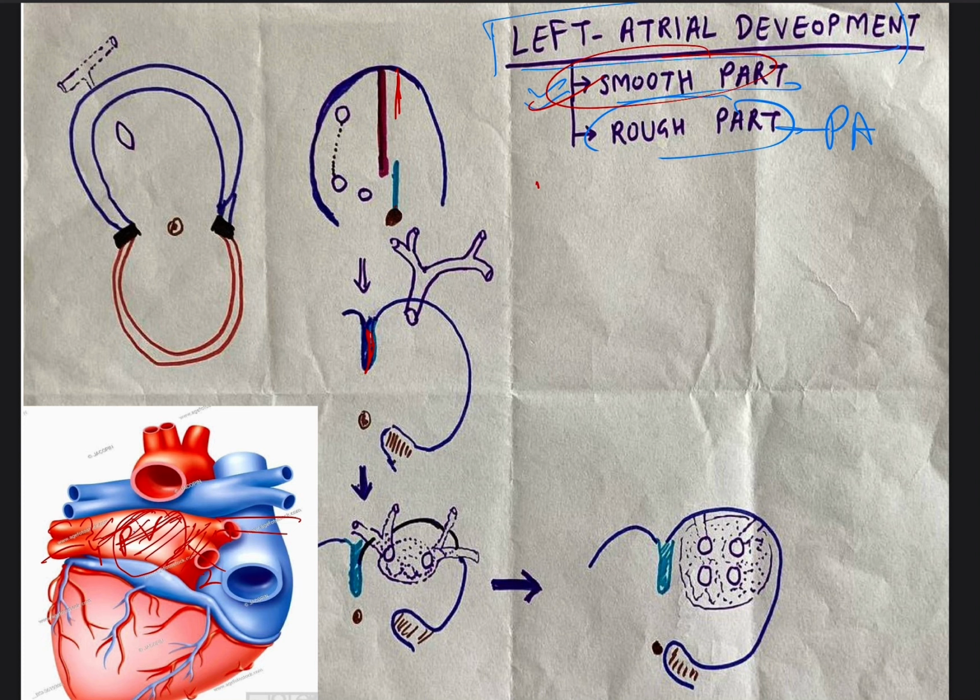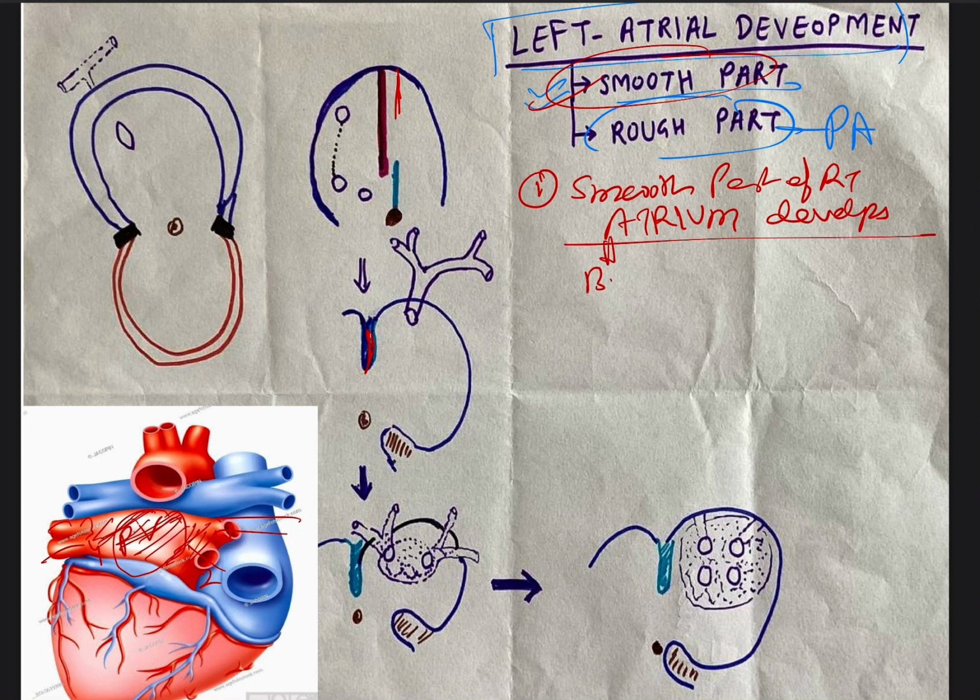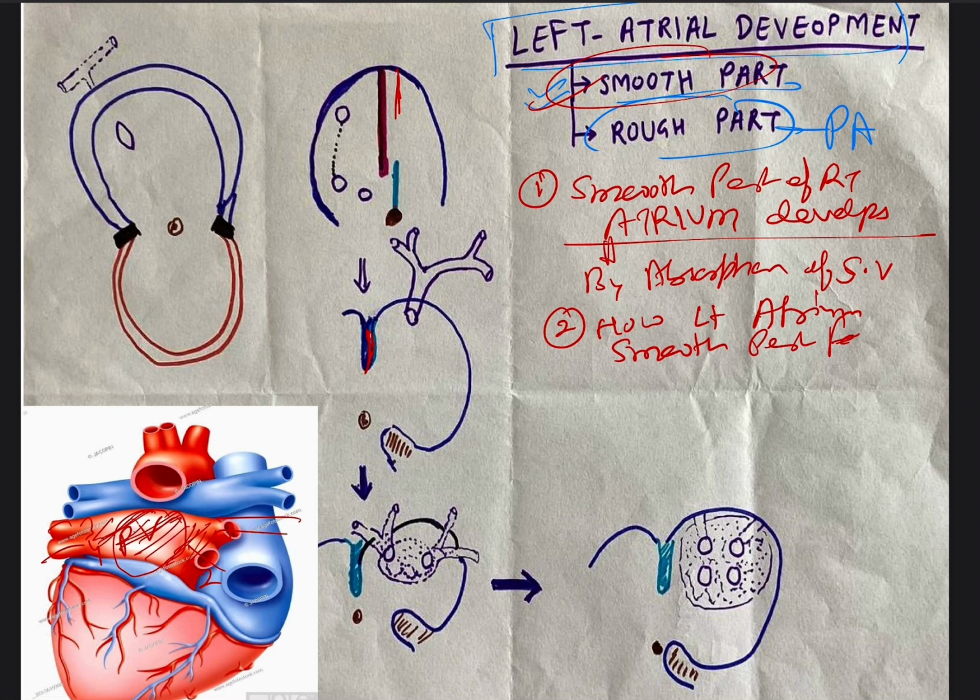I am going to revise how the smooth part of the right atrium develops by the absorption of the sinus venosus. How the left atrium smooth part forms through absorption of 4 pulmonary veins.